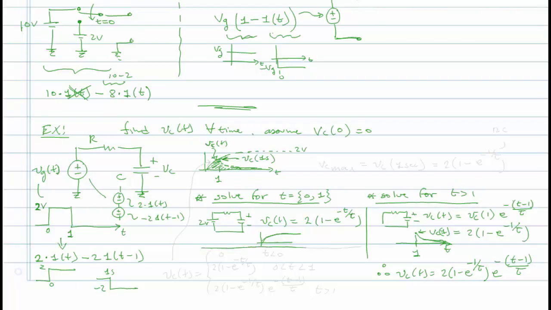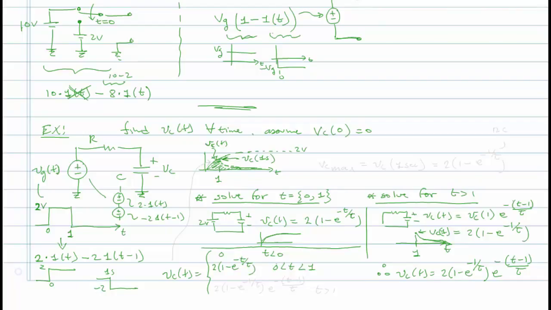Now we can put this all together. Maybe I can fit it here. So the complete solution will be VC of t is equal to, and we'll have 3 cases. For time less than 0, the voltage is just going to be 0. For time between 0 and 1 second, we will have 2 times 1 minus e to the minus t over tau.